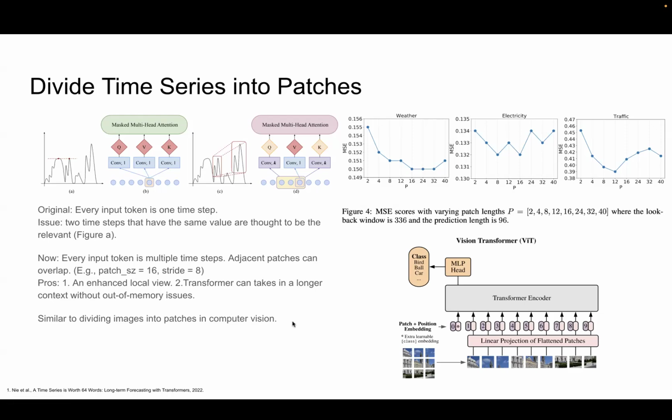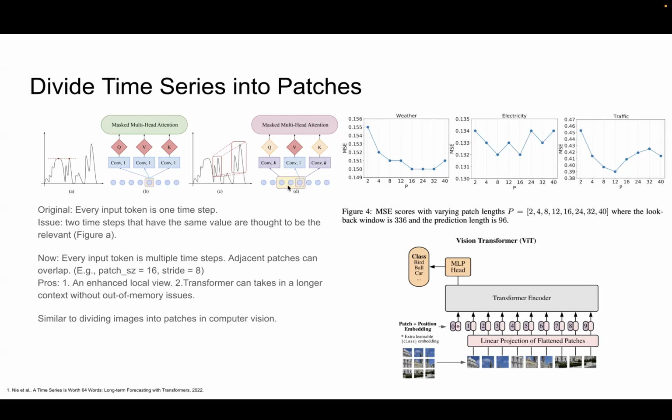You might actually notice that the same ideas also apply in computer vision, where instead of operating on the raw pixels, when we apply the transformer model to images, we divide the images into patches and then apply the transformer to each of the patches instead of to each of the pixels.